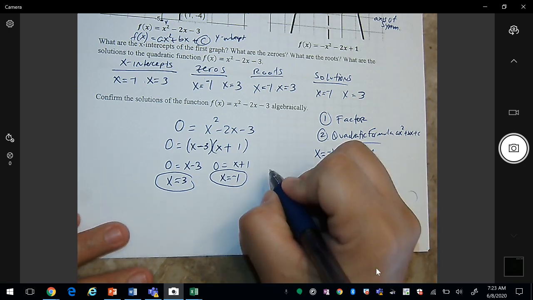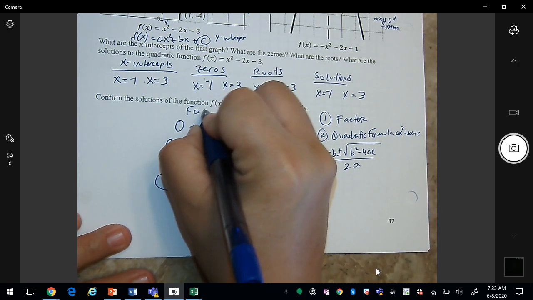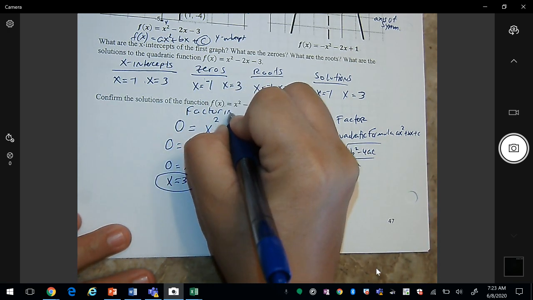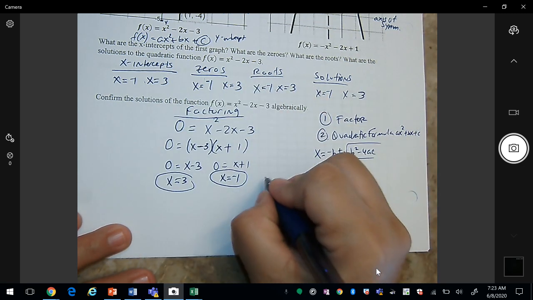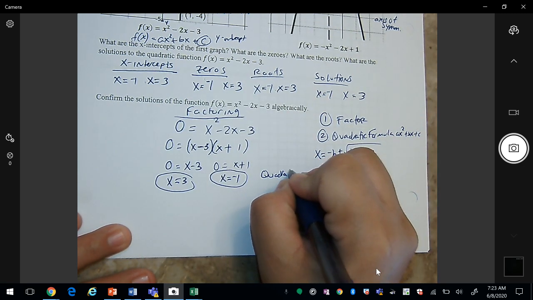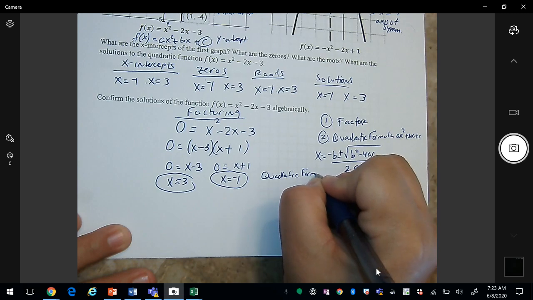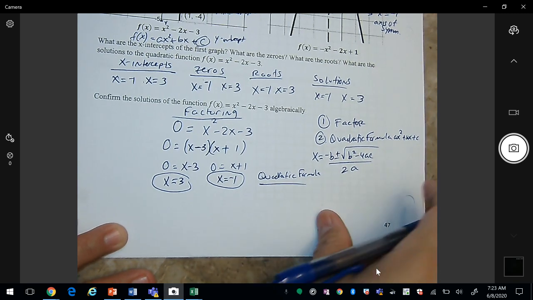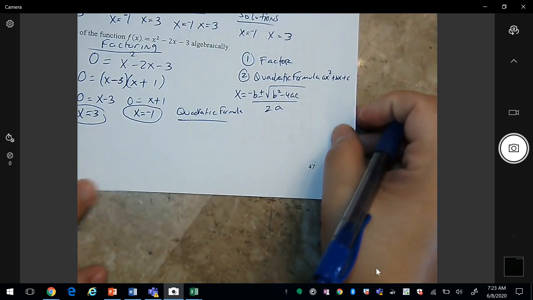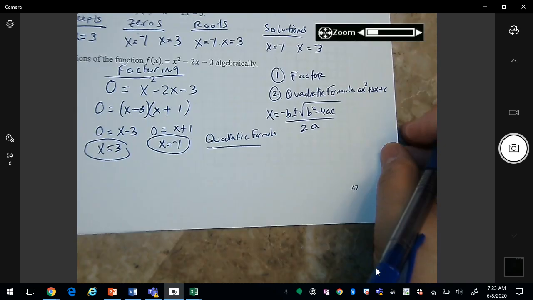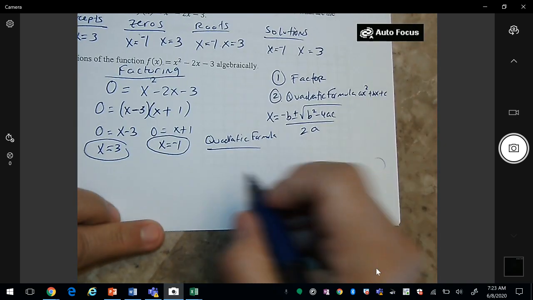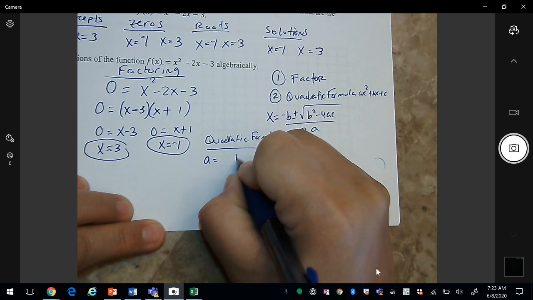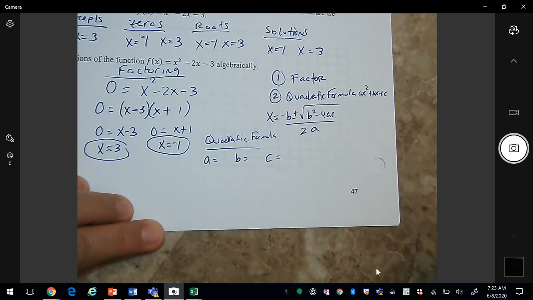If we want to use the quadratic formula, I'm going to write it here. Then it's good to list down what a, b, and c are.